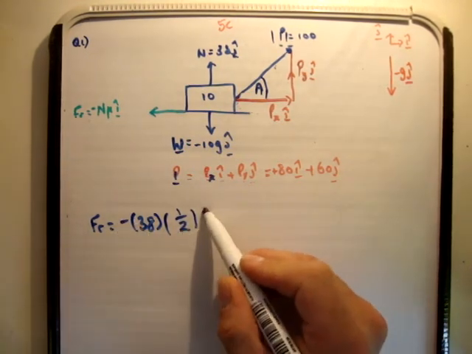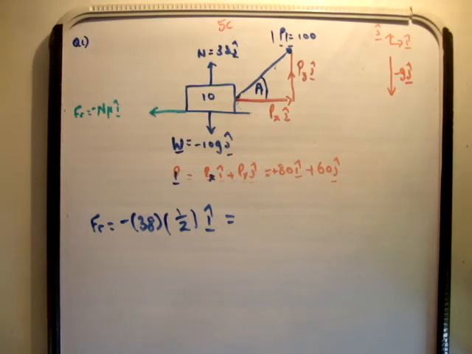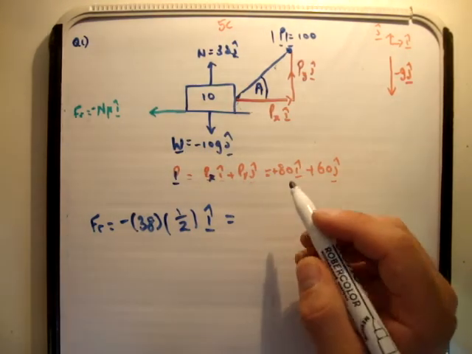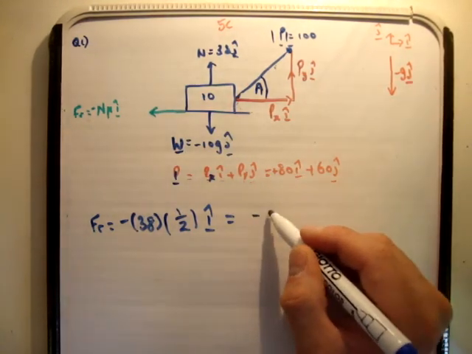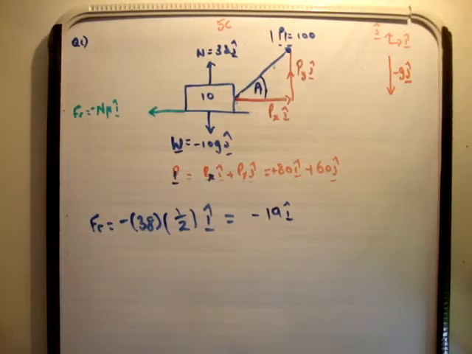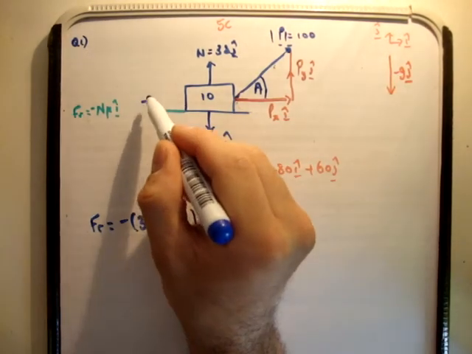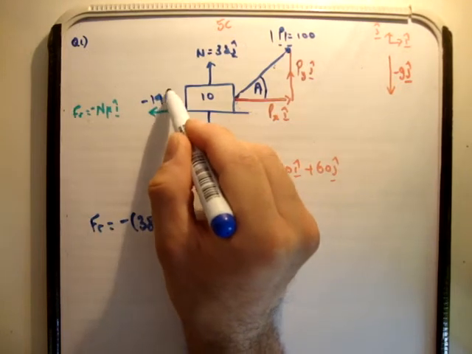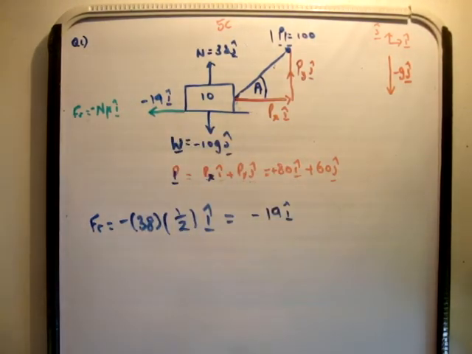We know it's in the negative i hat direction. So what's that? 19 units, isn't it? So we get negative 19 units in the i hat direction. That's pretty straightforward.